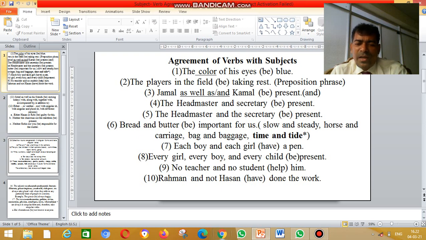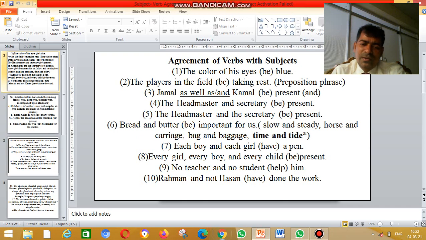So sentence number 9, no teacher and no student help him. Now there are two subjects, teacher and student, and they are joined with the conjunction and. They seem plural, but remember, if there is no or not in the sentence, you must use the singular form of the verb within the bracket.